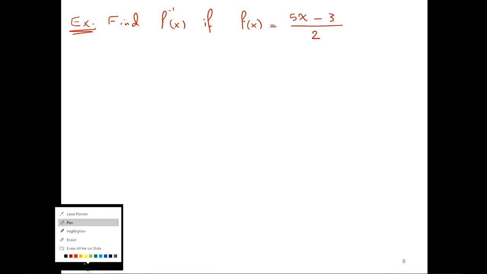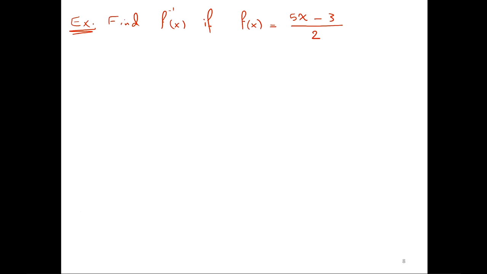To find the inverse of f of x, the solution: firstly, y equals 5x minus 3 over 2. So this is the first step, replace f with y. Now, the second step: if we have y, put x. If we have x, put y.